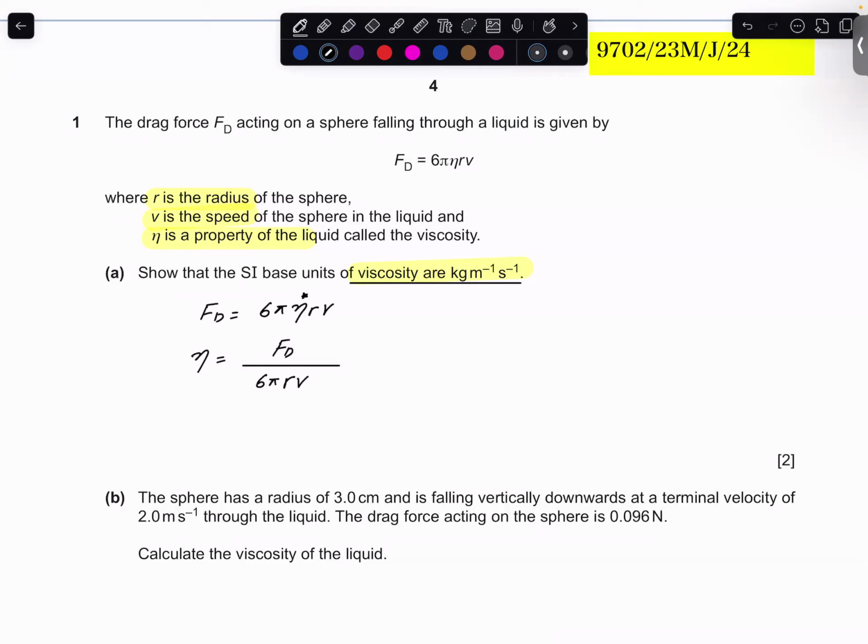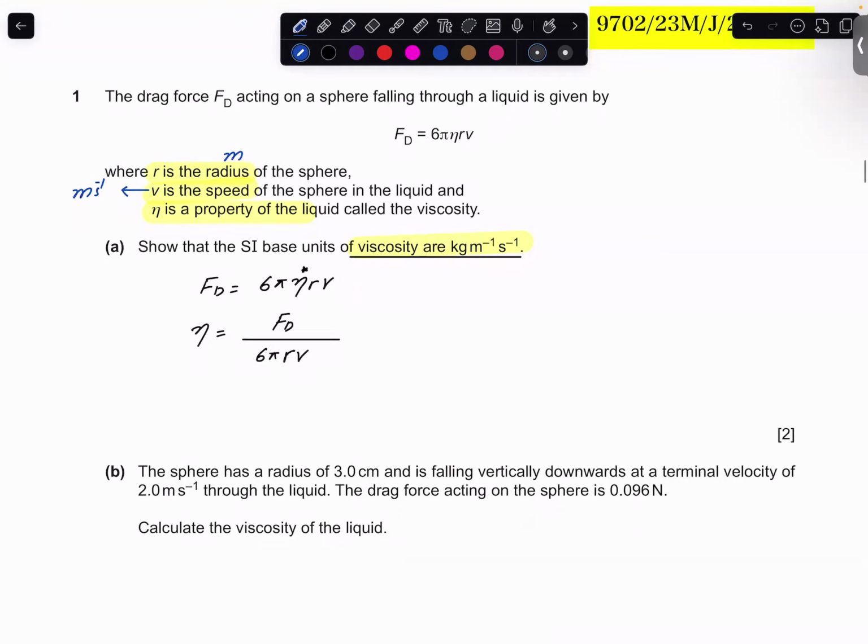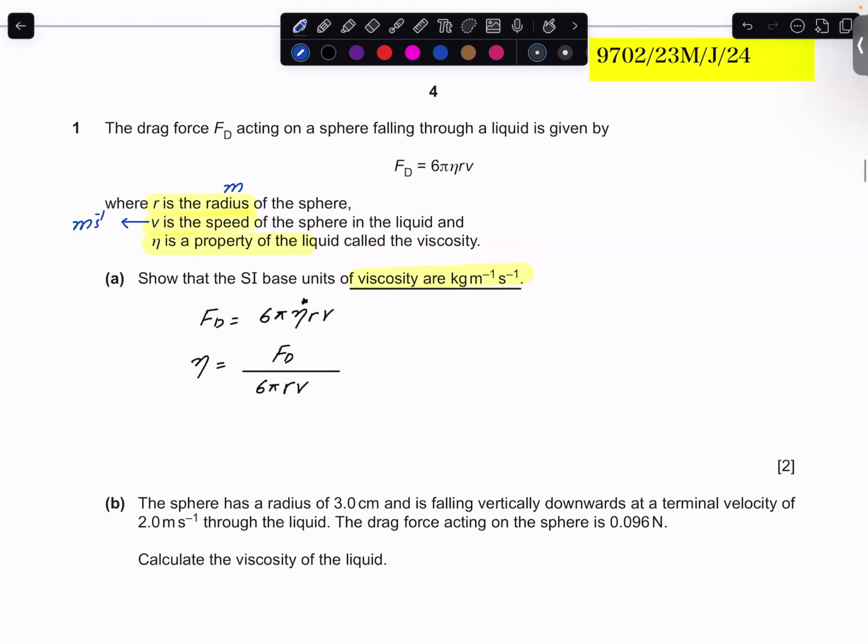So I know well that the unit of the radius is meter, the unit of the velocity is meter per second, and the viscosity unit I have to find out. And one other thing, that is the drag force. Force always has a unit Newton, and that Newton will be equal to kilogram meter per second square.